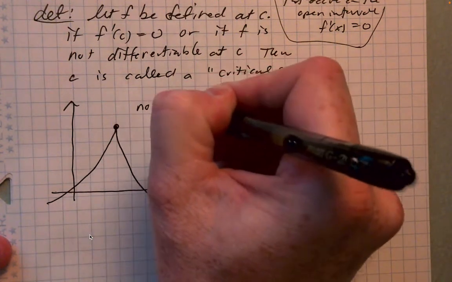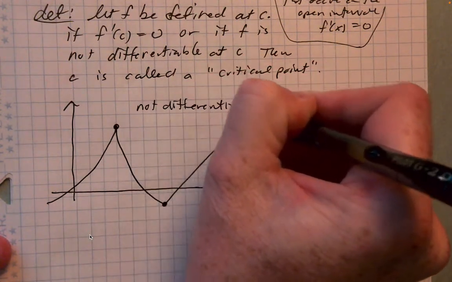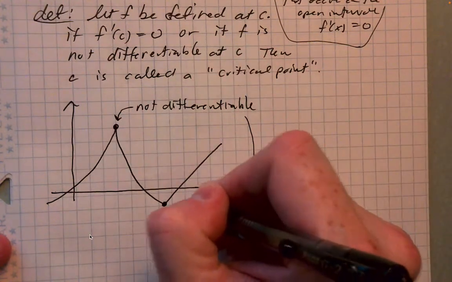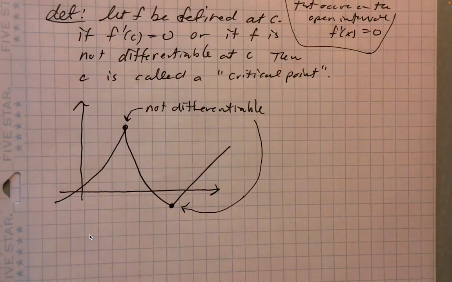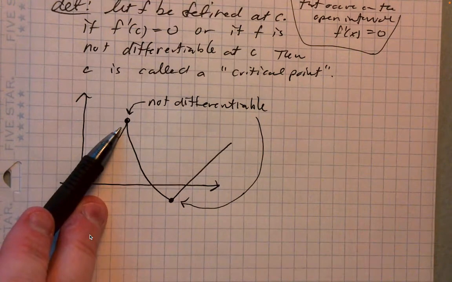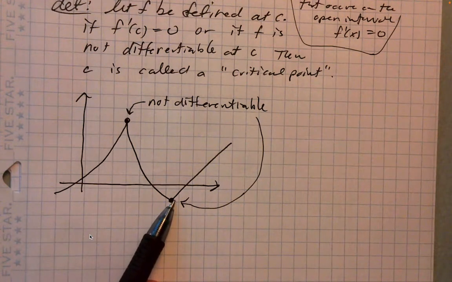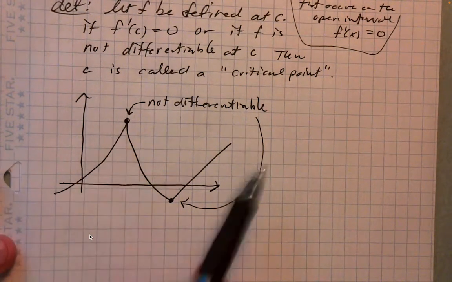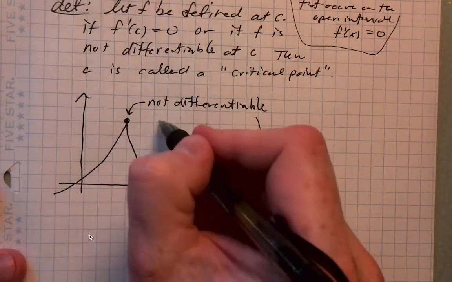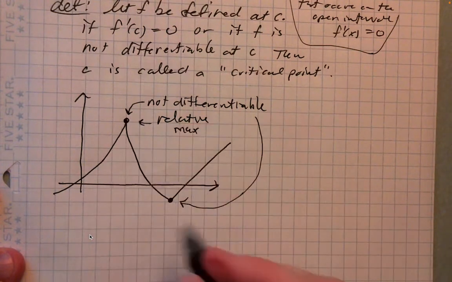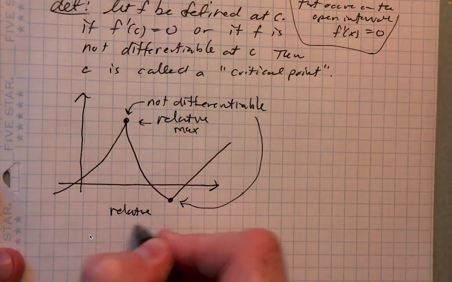It's not differentiable there, and it's also not differentiable there. So in this plot, we can see that this point up here denotes a non-differentiable point on the graph, as does this point. This point in this case would be a relative max, and this point here would be a relative min.